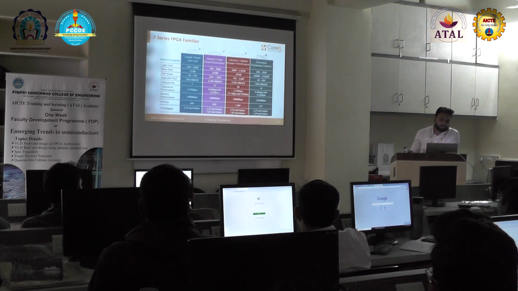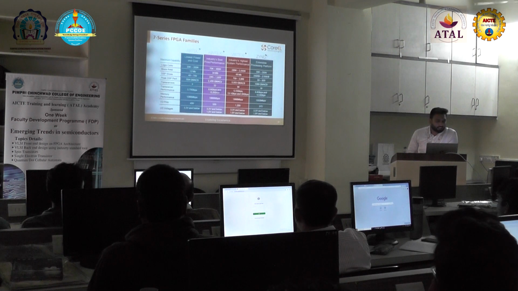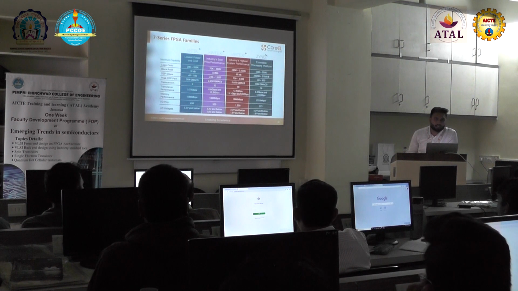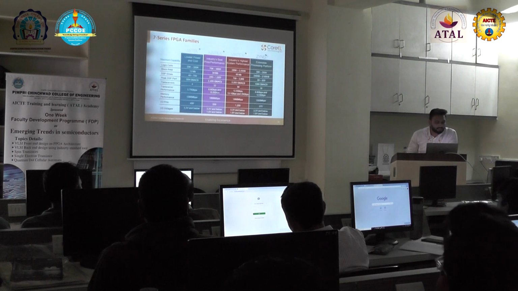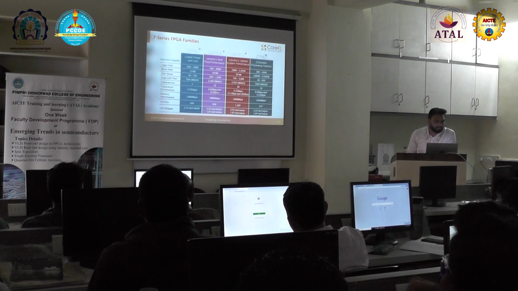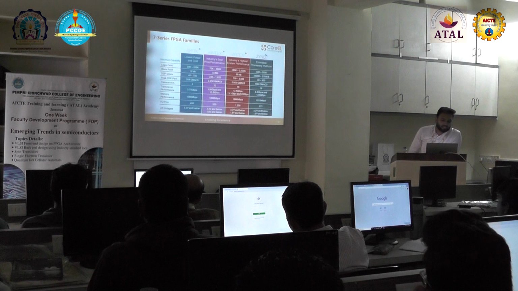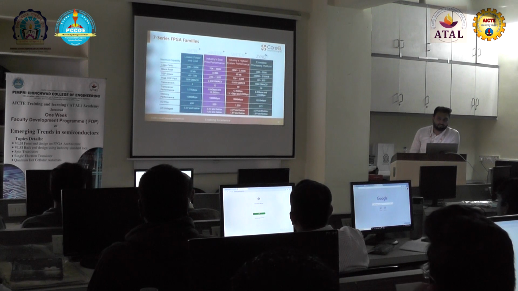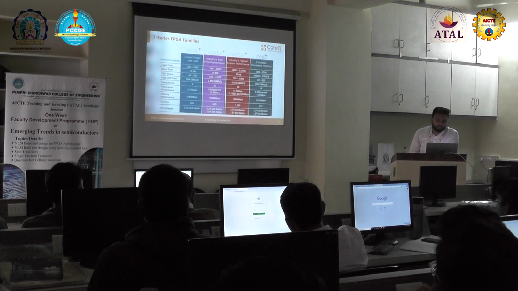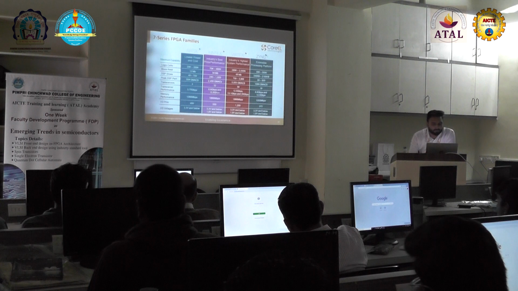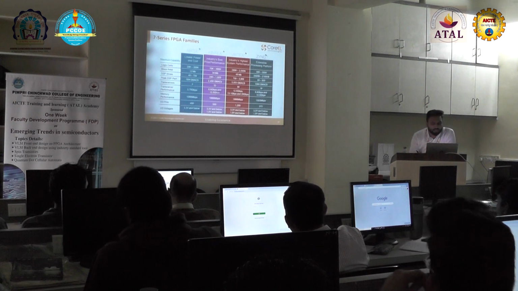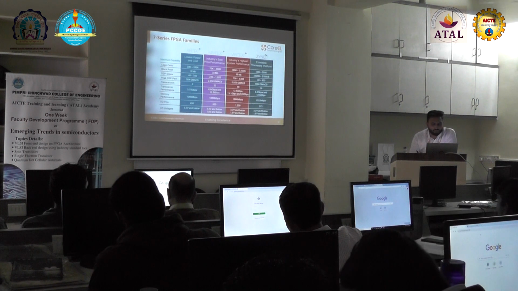So you can observe here, from one family to another family, the resources are increasing. You may observe in logic cells, where Artix 7 has 20K to 355K cells, Kintex 7 has 70K to 480K, and for the industry's highest system performance, Virtex 7, it has 285K to 2000K.